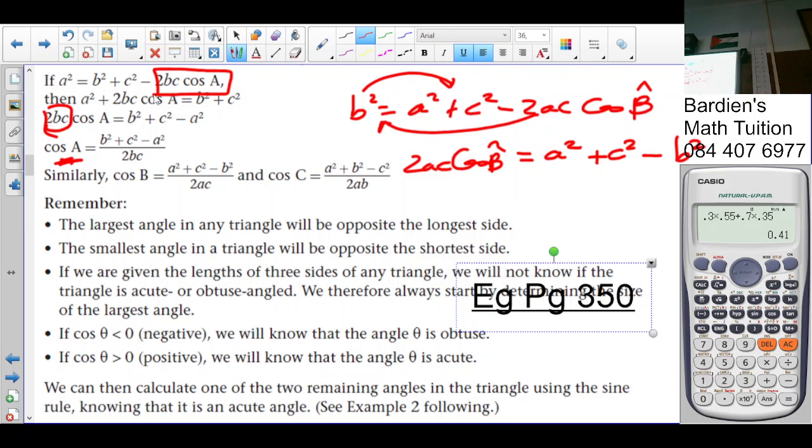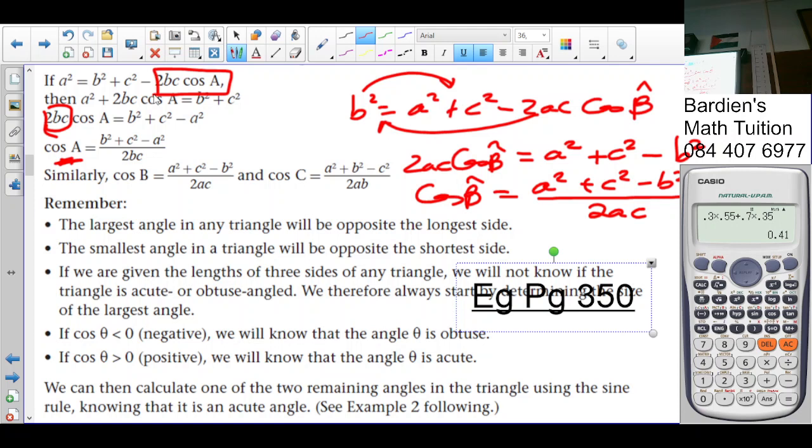How do I get cos B on its own? Divide by 2ca. So cos B is a squared plus c squared minus b squared over 2ac. And similarly, cos C is equal to a squared plus b squared minus c squared over 2ab.